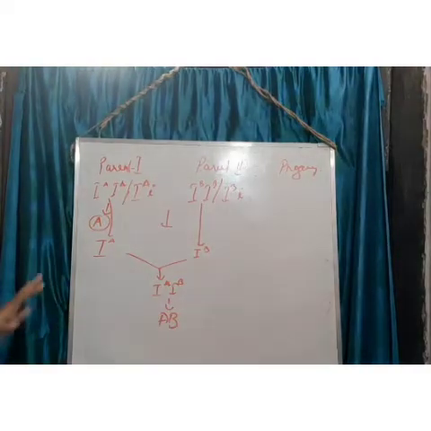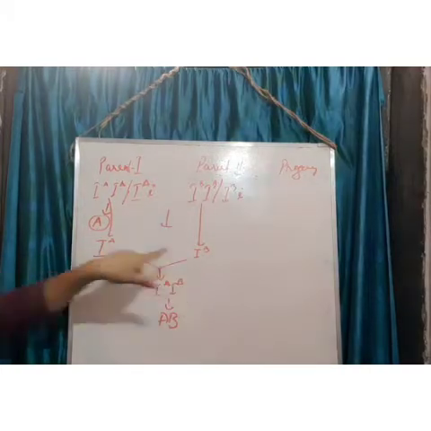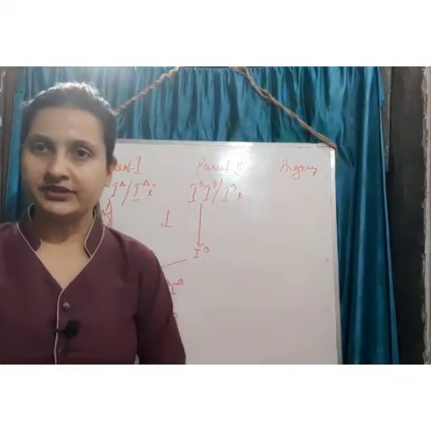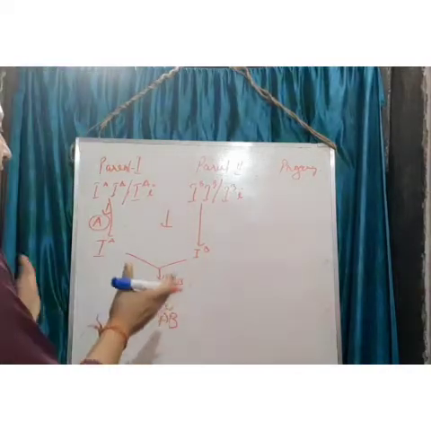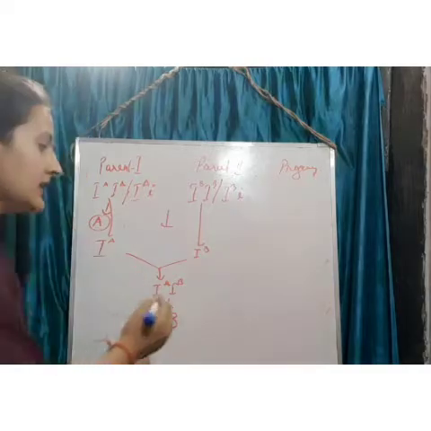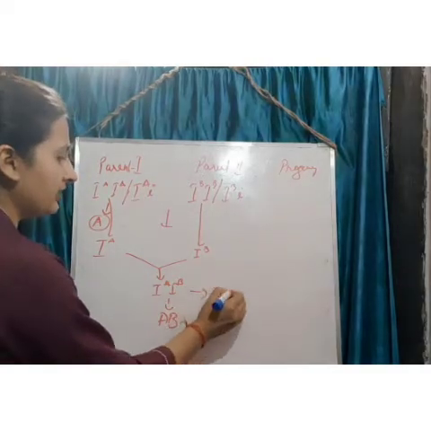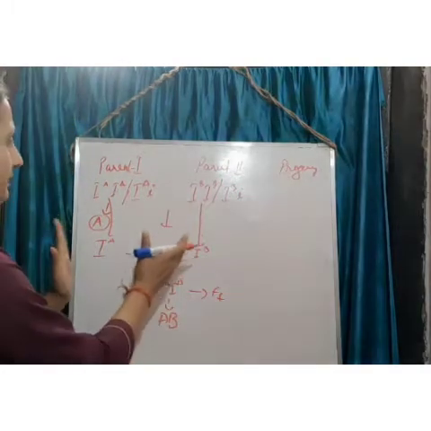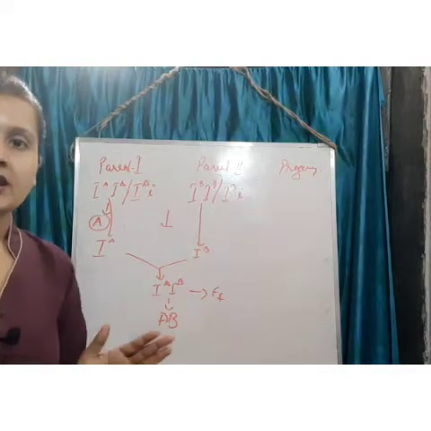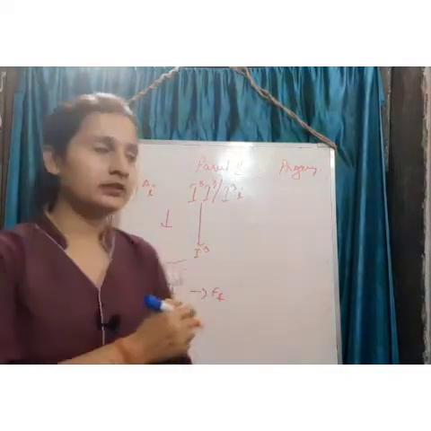Because as I said, both of them produce sugar, and these are slightly different from each other, and both the parents show their characters in the F1 progeny. So this is your F1 progeny, right? In the F1 progeny both the parents are expressing their character. Am I clear? I hope that you all are clear with this.